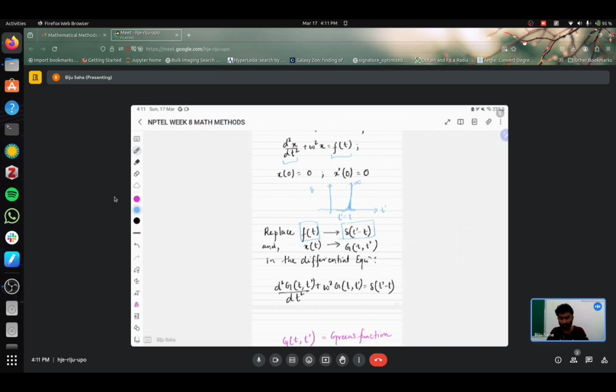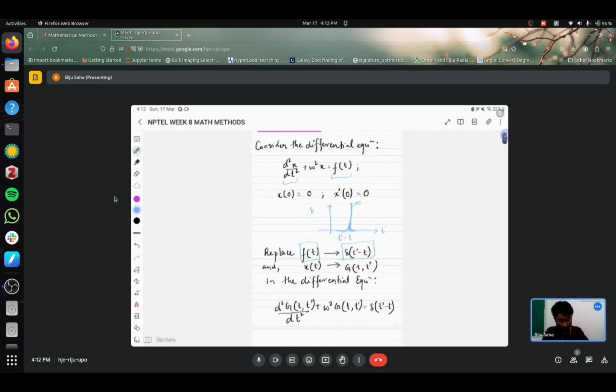So first of all we will replace the function on the right hand side with a Dirac delta function given by delta of t prime minus t, and next we replace our x that is present in this differential equation with some function g, which is a function of t and t prime.